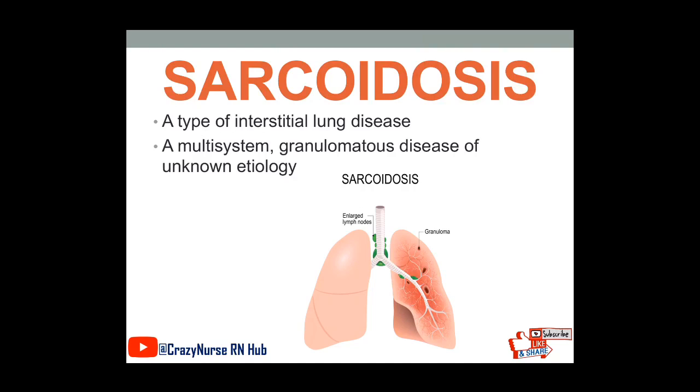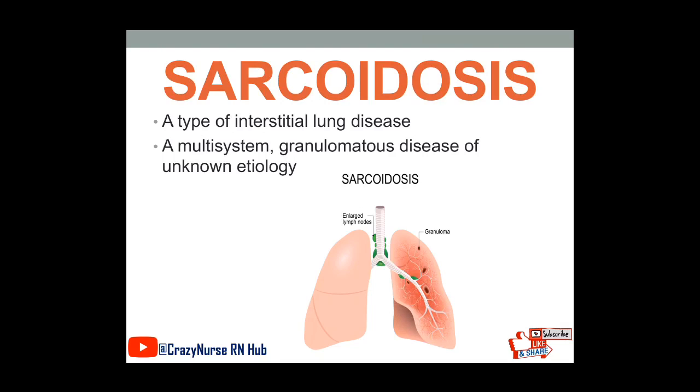Sarcoidosis is thought to be a hypersensitivity response to one or more exogenous agents such as bacteria, fungi, virus, chemicals, in people with an inherited or acquired predisposition to the disorder.